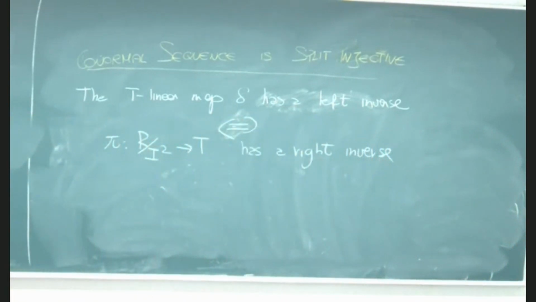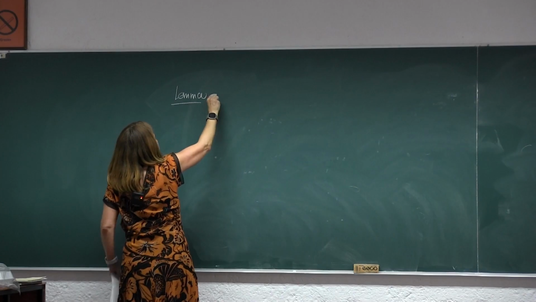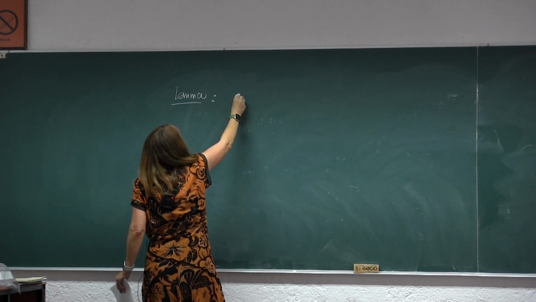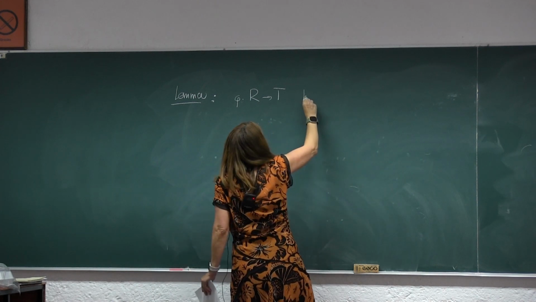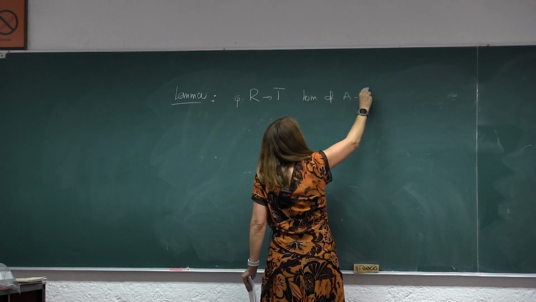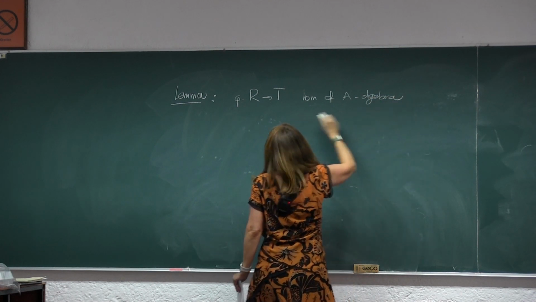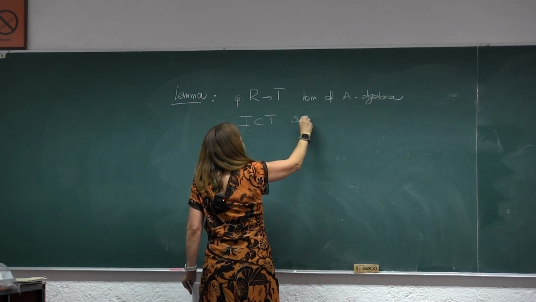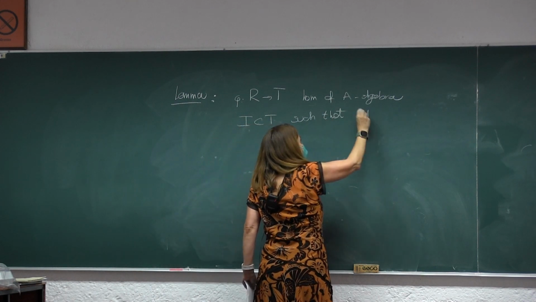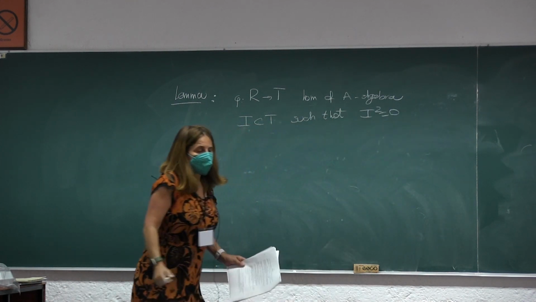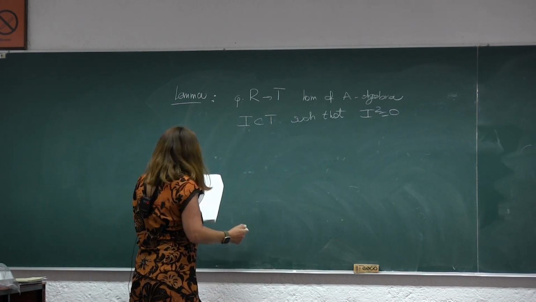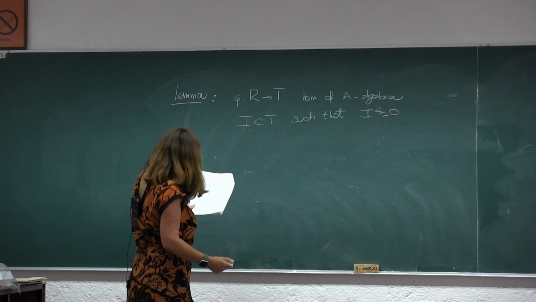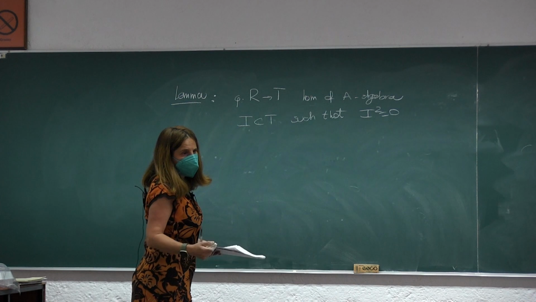So before we prove it, I need to do a lemma. So I go from R to T, a homomorphism of A-algebras. And I consider an ideal I in T, and this is the important assumption, such that I square is 0. This criterion tells you when a linear map is a derivation.